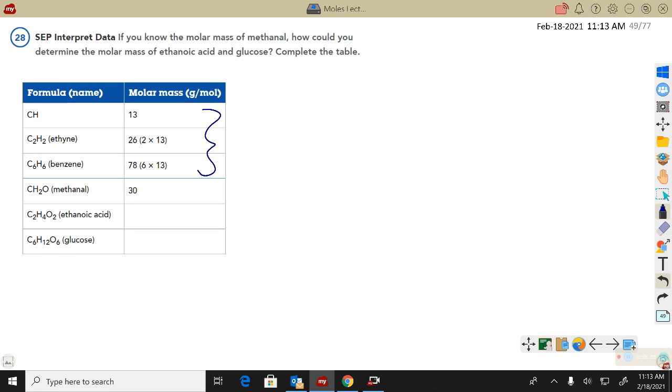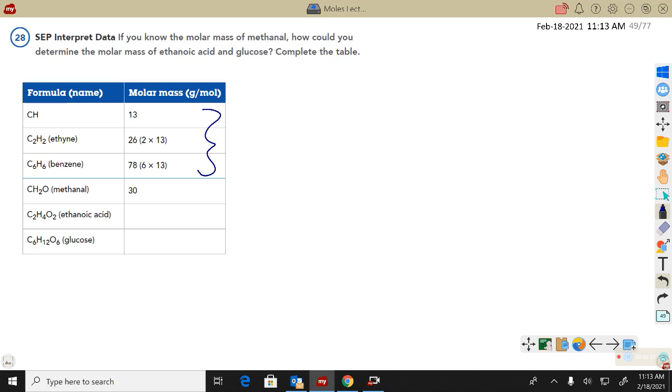So if the 1-to-1 ratio had a mass of 13 grams per mole, and the ratio doubles in the formula, we can just double the mass. I could check that on my periodic table: for ethine, 2 carbons plus 2 hydrogens, I do get a mass of 26. If you have benzene and the ratio is 6-to-6, you could just multiply your empirical mass by 6 and get a mass of about 78.